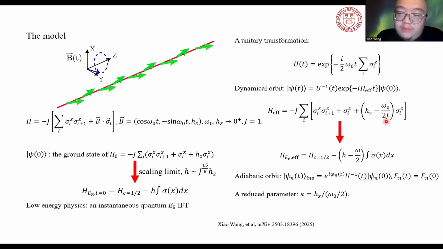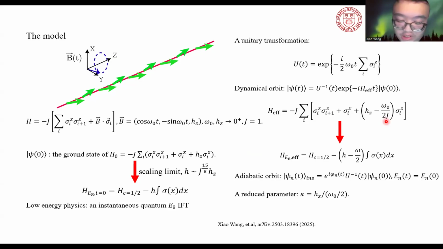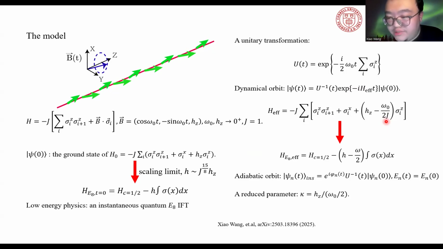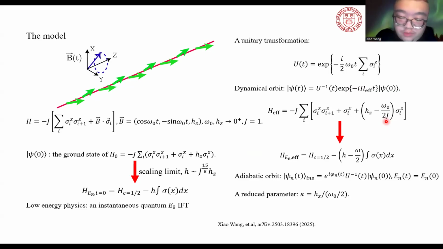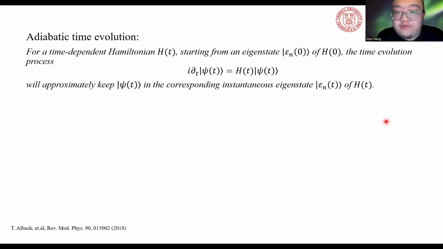So there will be a competition between the adiabatic time evolution process and the non-Landau-Zener tunneling process in a many-body case. Now we want to study this adiabatic time evolution process inside this many-body model, so I will first give an introduction to the adiabatic time evolution.